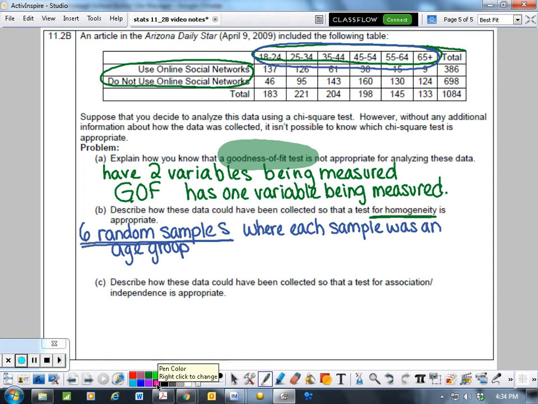Okay, describe how these data could be collected so a test for association or independence is appropriate. So this time we're going to do 1 random sample, but we're going to ask 2 questions. We're going to ask age, and then we're going to ask about social networking.